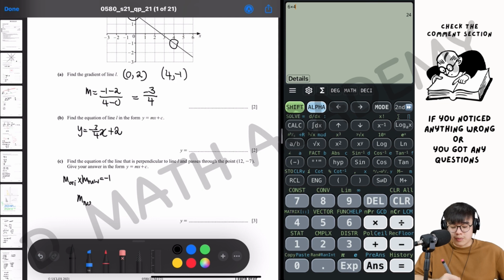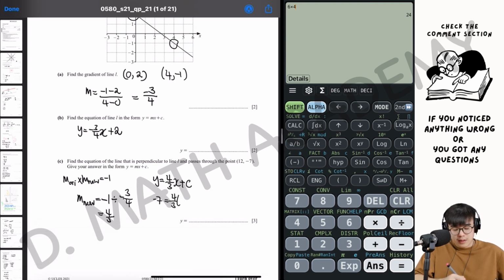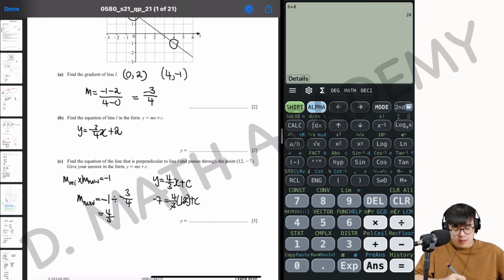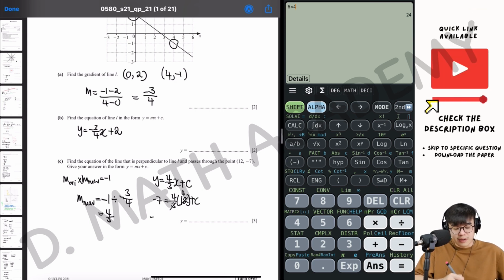So m new here is what we are looking for. So times thrown to the back becomes divide. So we actually get 4 over 3 as our final answer. Substitute the 12 and negative 7 into it. Okay, run some basic calculation.